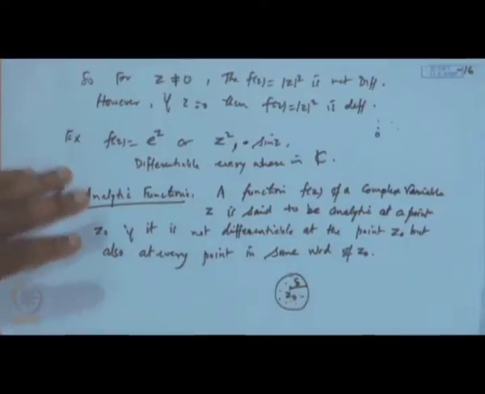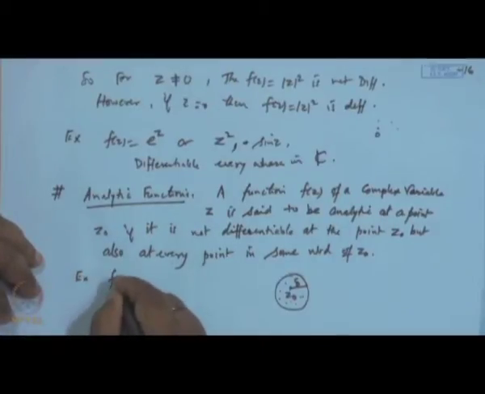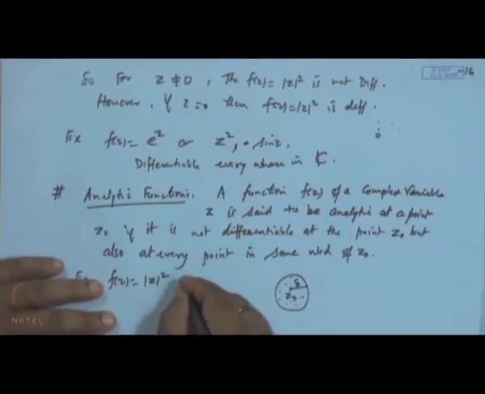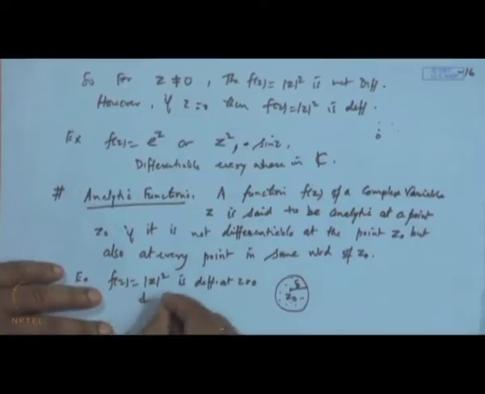Okay. So, for example, just now we have seen f z equal to mod z square. Now, this function is differentiable at the point z equal to 0 and nowhere else.